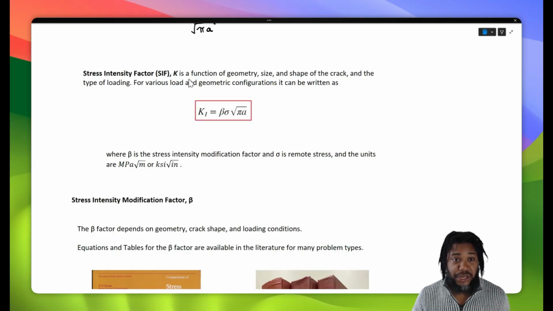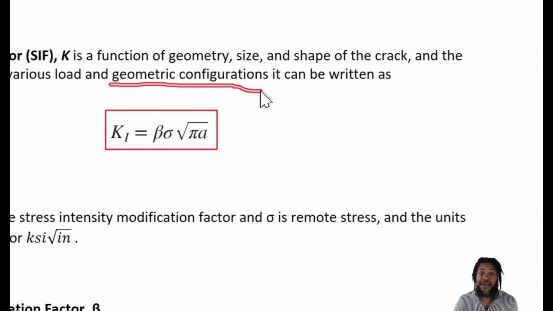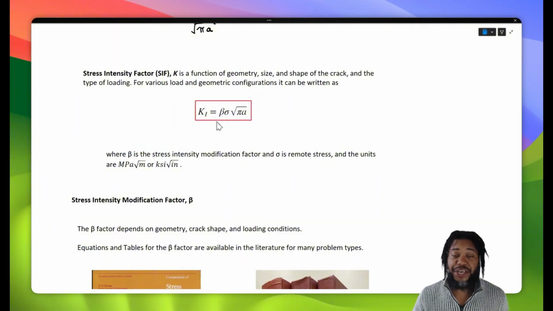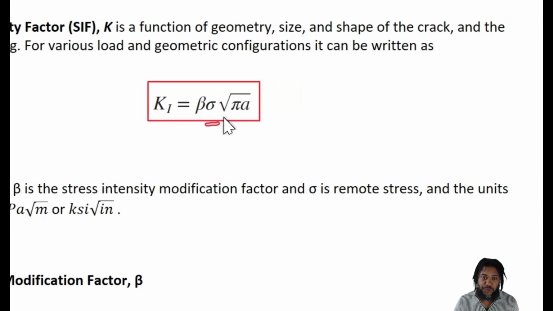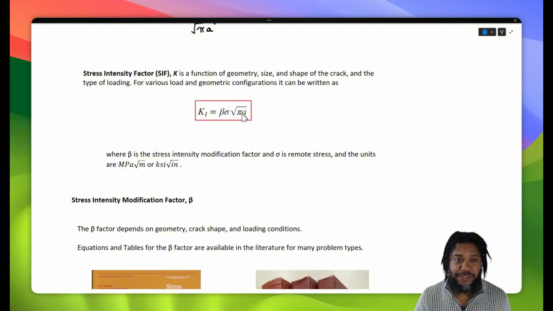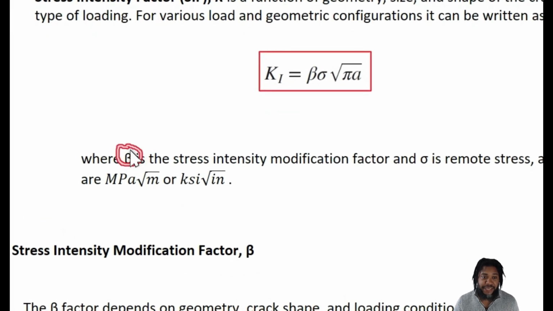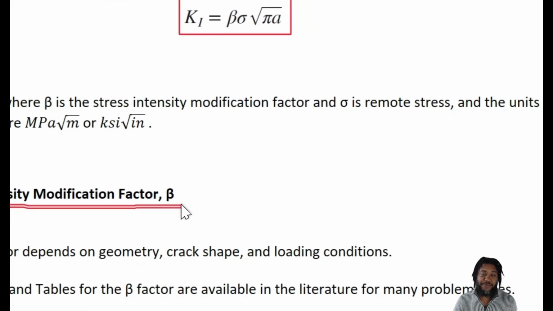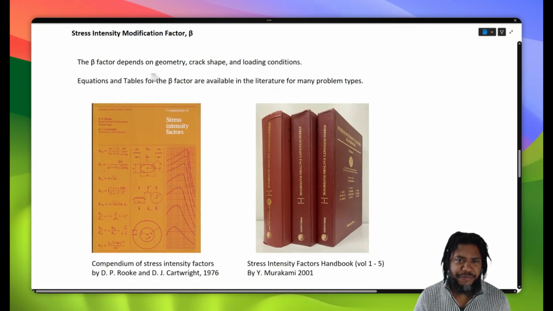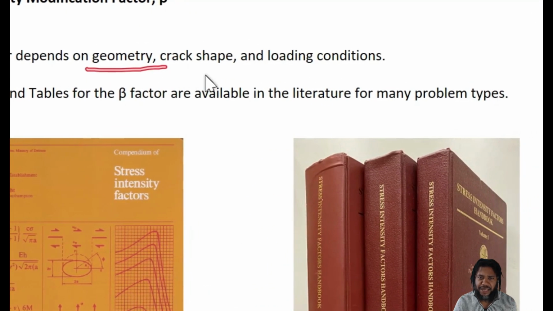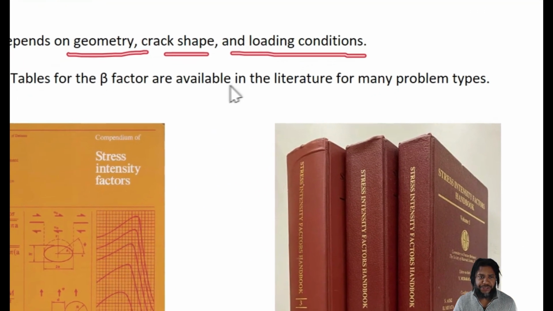For various loading conditions and different types of geometry, we can rewrite our K equation as follows, where K1 for mode 1 cracking is equal to a beta parameter times the remote stress times the square root of pi times a, where beta is our stress intensity modification factor, which is related to all the geometric differences for different types of geometry. The beta factor carries the differences in geometry, crack shape, and loading conditions.